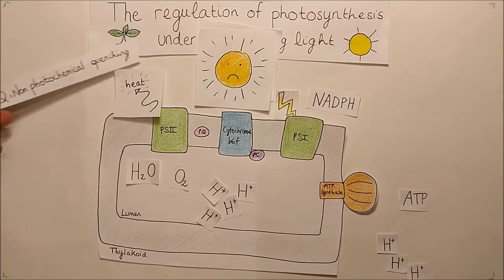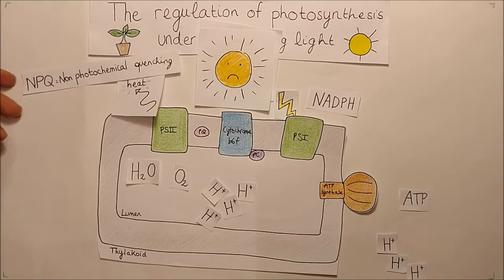This process is called NPQ, for non-photochemical quenching. This prevents plant photosystems from being damaged and allows photosynthesis to continue. This basically means that plant has defense to tolerate intense light to continue producing energy.